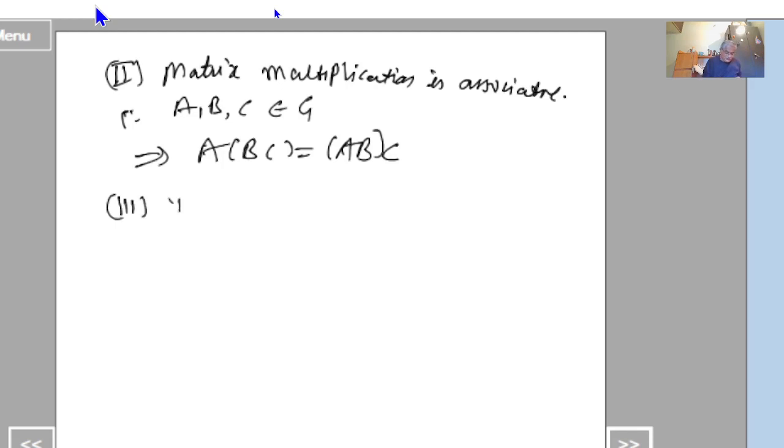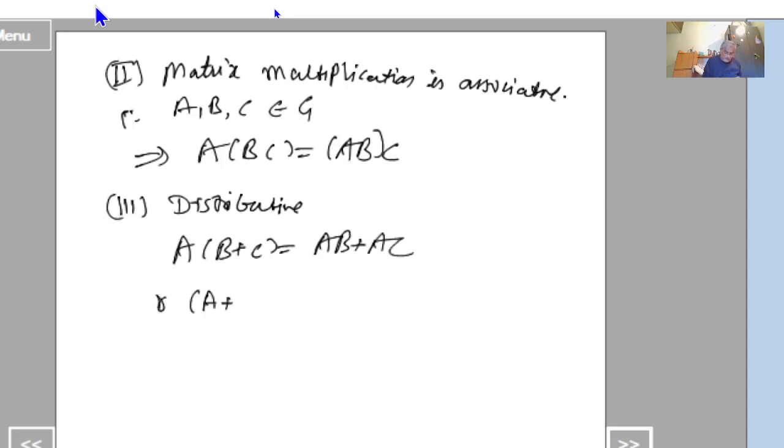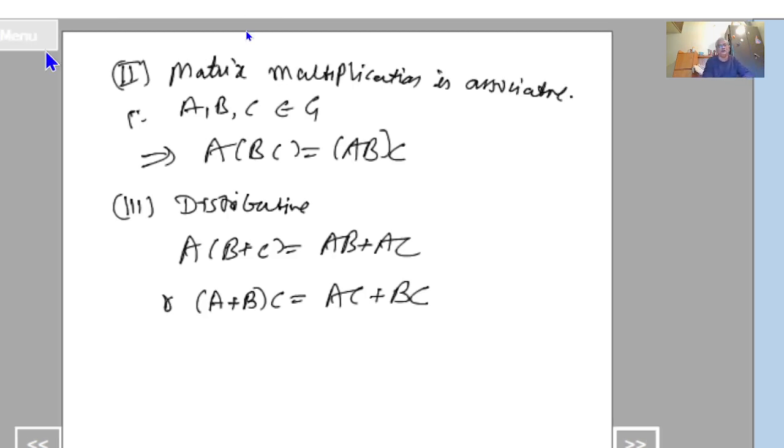And third, distributive. We have A into B plus C can be written as AB plus AC, and A plus B into C is equal to AC plus BC, right? This we know, no need to prove here.